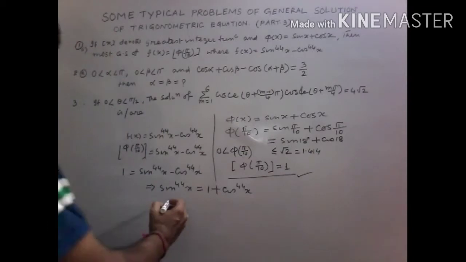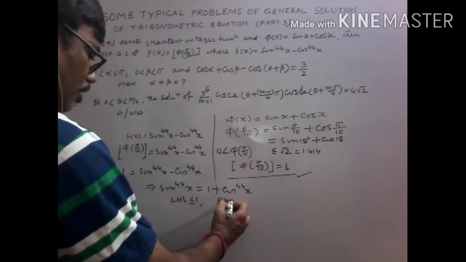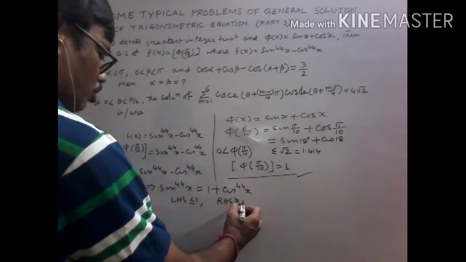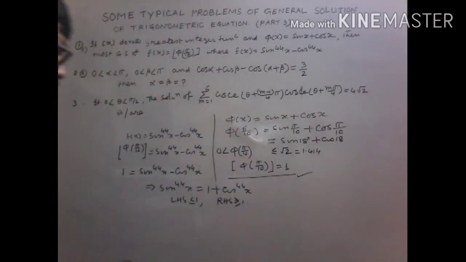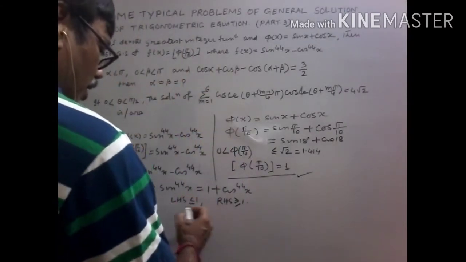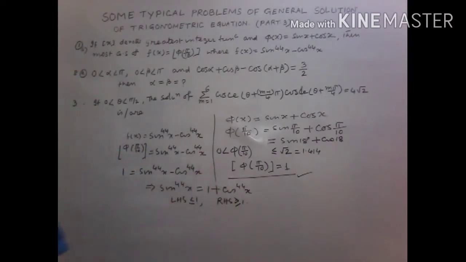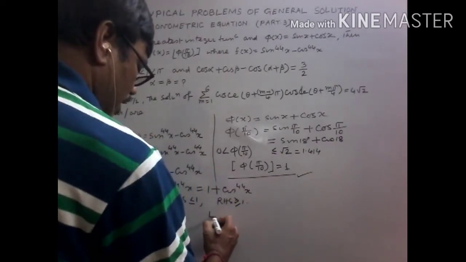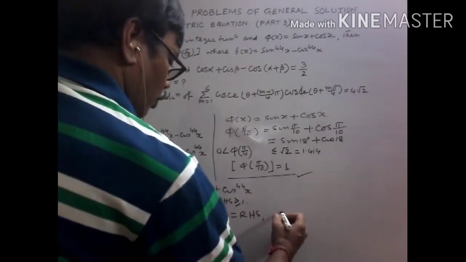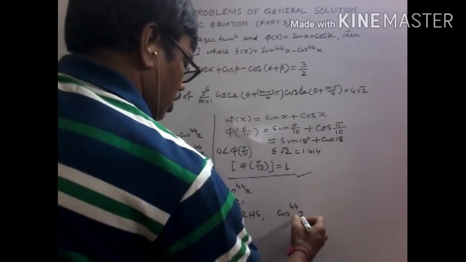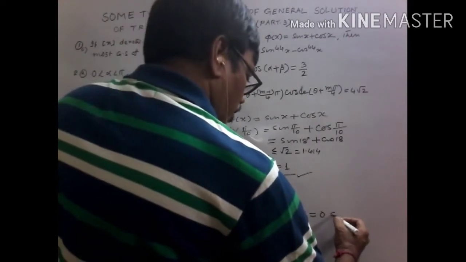Now the left hand side is always less than or equal to 1 and the right hand side is always greater than or equal to 1. So what is the feasible case? The only feasible case is, to get LHS equals RHS, we must have cos to the power 44x equals 0.